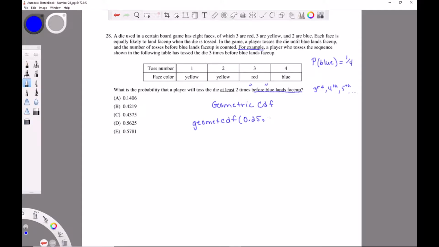You want your first success by the 3rd one, and it can go on forever, so I just put a big number here to soak up the rest of the probability, and you get 0.5625, which is here. So it's a basic geometric problem. We're usually used to getting these as binomial, but here it is geometric. So that's that one. On to the next.